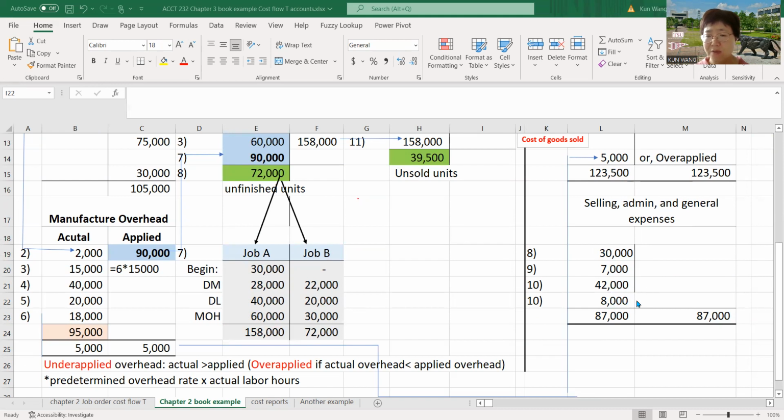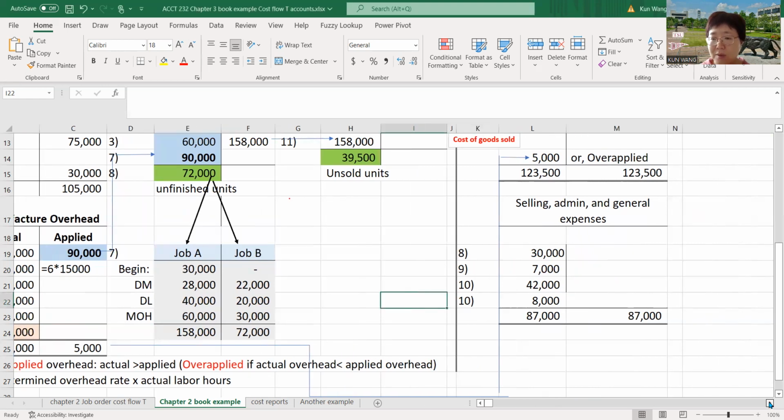And 8,000, I forgot, is additional admin expenses. So when a period expense happens, it is directly captured by the related expense account, closed to the retained earnings, and deducted in the income statement.